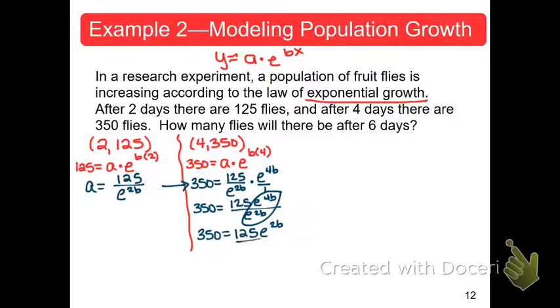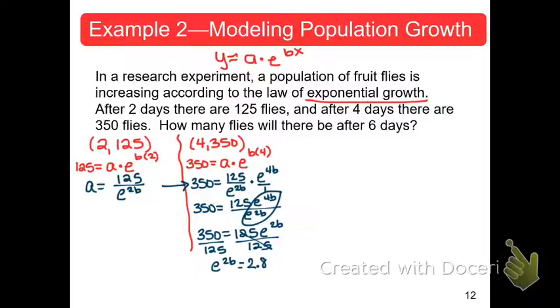Then we need to divide by that 125. So that cancels, and I end up with e to the 2b equals 350 divided by 125, which is 2.8. This is in exponential form, so from what we learned in 3.2 and 3.3, we're going to write it in log form, or we could just log both sides.